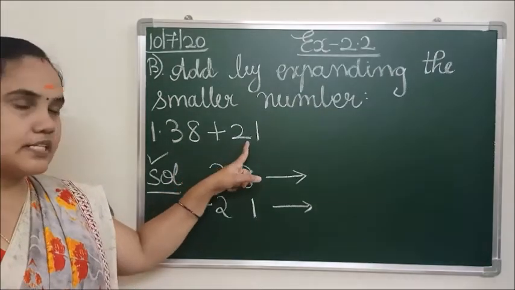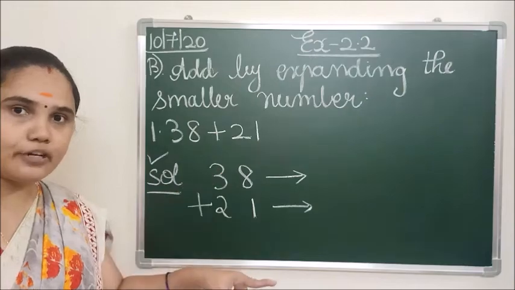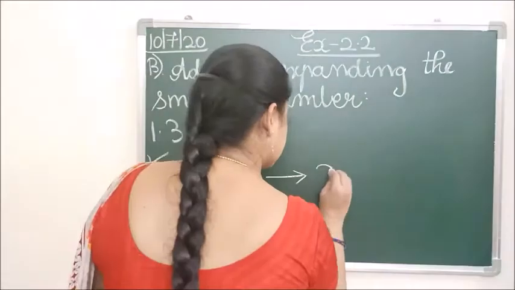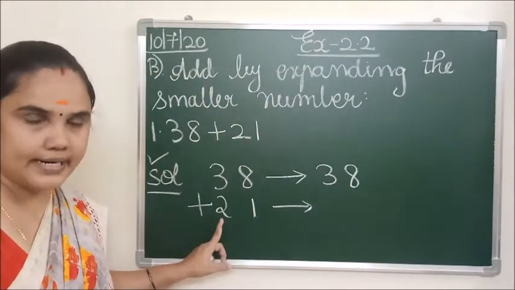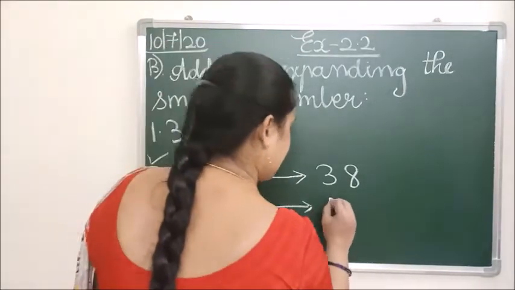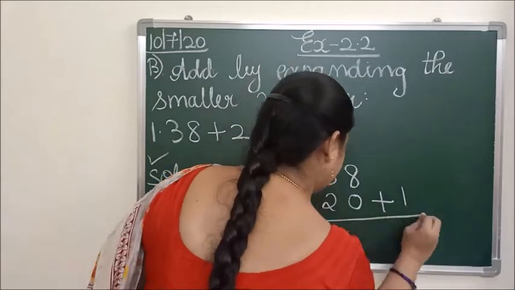See, which number is smaller? 21 is smaller. So, we write expanded form only for the smaller number. So, write 38 as it is, children. 21 is the smaller number. Write the expanded form of 21. What is the expanded form of 21? 20 plus 1.